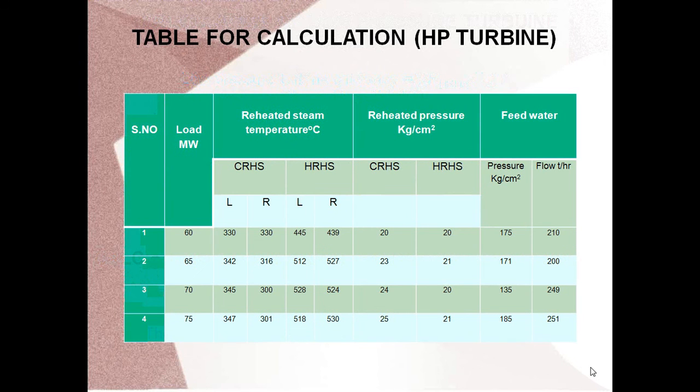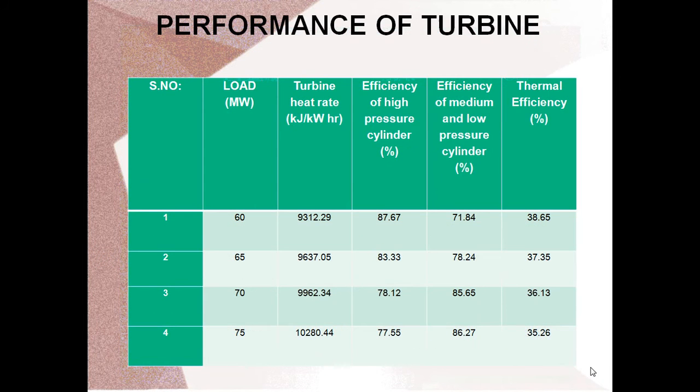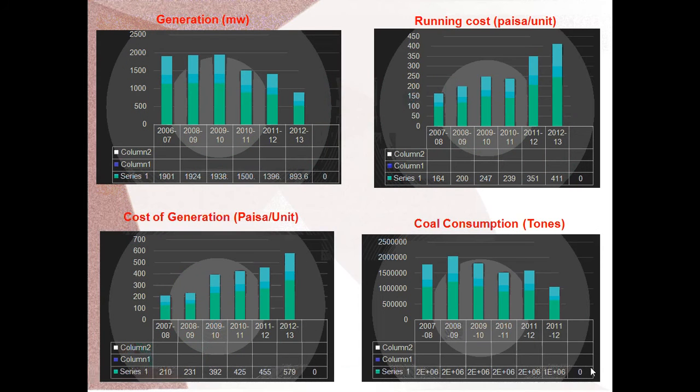This is the table for calculation of high pressure turbine. This is the performance result, designed value versus operating value. And the performance of turbine, this is the table. This is the table for various generations, running cost, cost of generation and coal consumption.